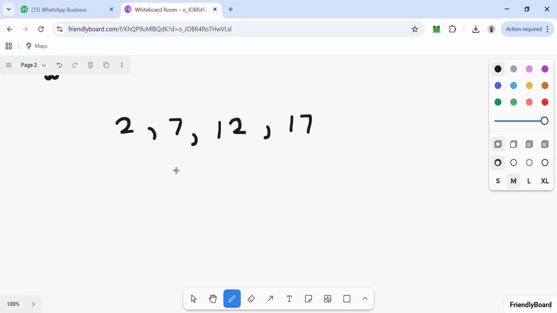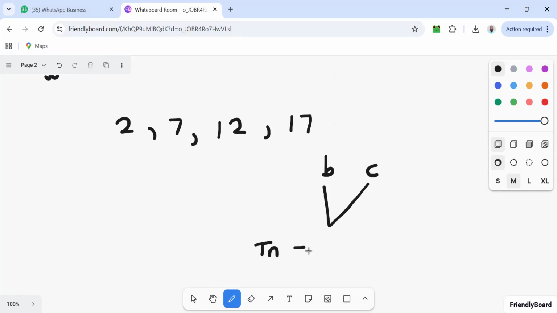So the first thing I'll do is find the constant difference, which is my B. Then I'm going to find my C, which will be the first term take away my constant difference. Once I've found my B and my C, I'm going to substitute these two values into the general term form of a linear number pattern.